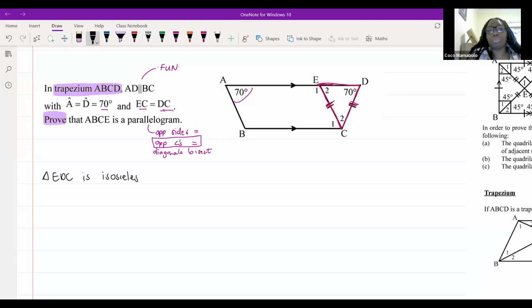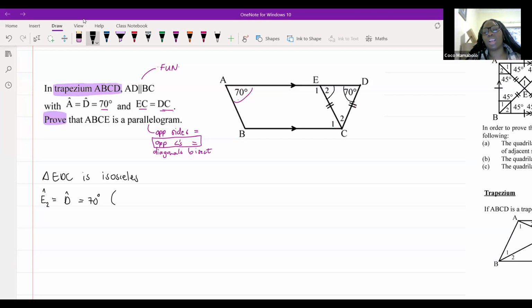So if these 2 triangles are isosceles, what does that tell me about the base angles? The base angles are equal. Yes, thank you, Sadie. Yes, Seho, you're absolutely correct. Then we can say angle E2 is equal to angle D, which is equal to 70 degrees.